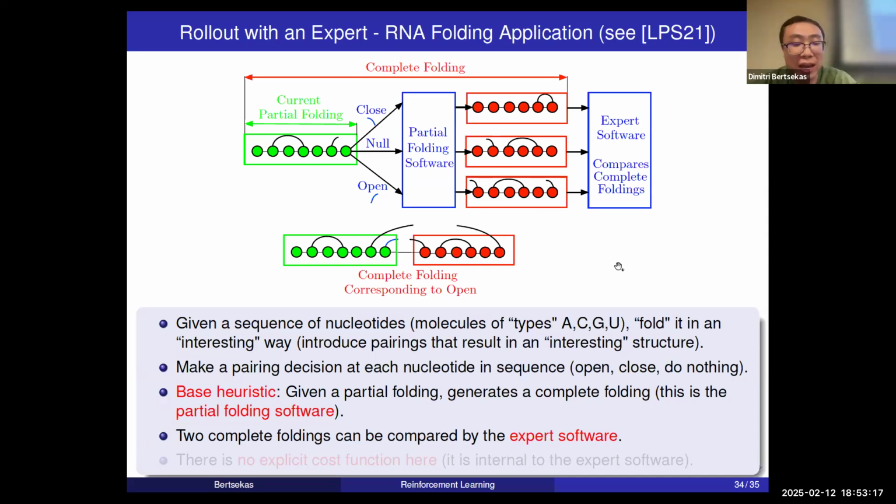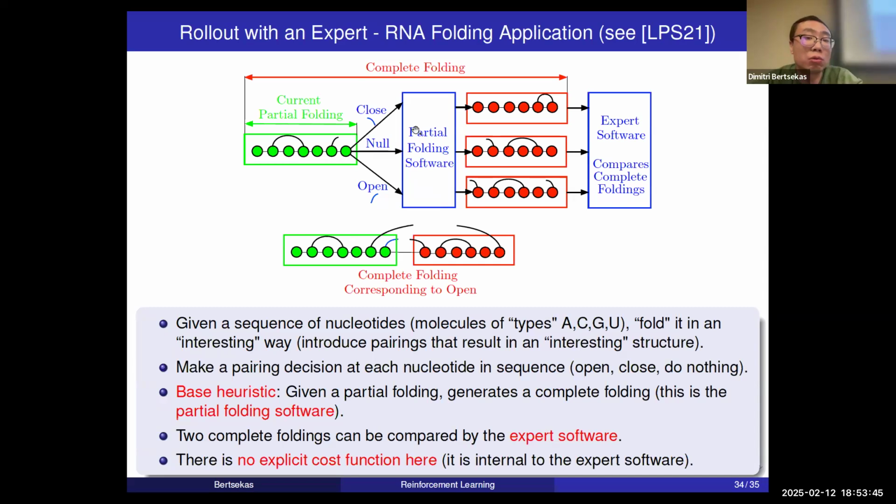So there's not really any definition of optimal. There is no explicit cost function here. But what can be said is, if we judge by the same expert, the one produced by the rollout, in this case this one, judged by the expert to be the best, is going to be the one selected, which corresponds to this complete folding, and we move on to the next stage.